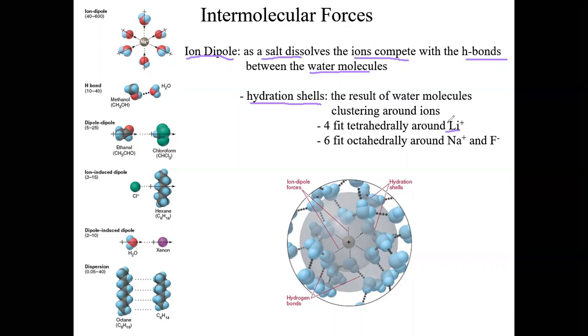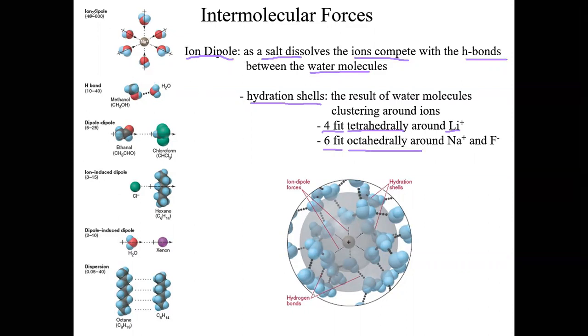So the bigger the ion, the more waters that can fit around the metal. For example, lithium plus can have about 4 water molecules tetrahedrally coordinating with the lithium, whereas sodium and fluoride can have 6. So the bigger the cation, the more water molecules can coordinate around it.